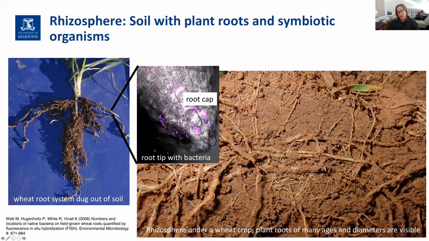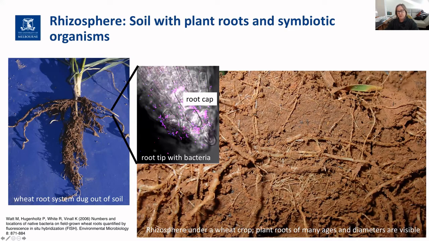Now, this image here shows the underside of the wheat crop that has not been washed or disturbed. And many roots of different diameters, this is a wide diameter root, this is a fine diameter root, medium diameter root, are occupying this soil volume.